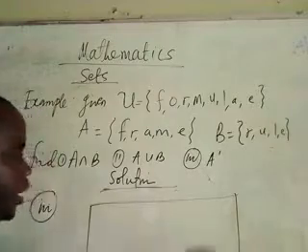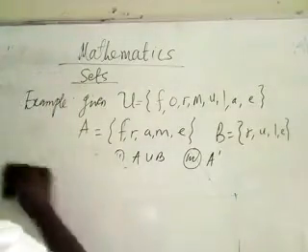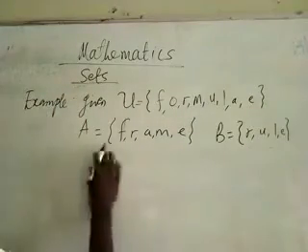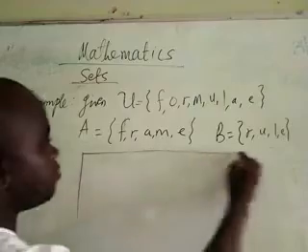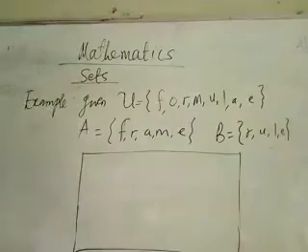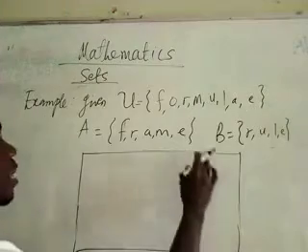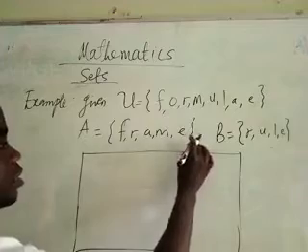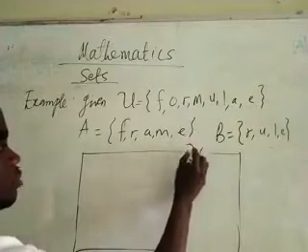Permit me to clean up this so that you can see it clearly, to see what I'm doing. So let me draw the Venn diagram. This is my Venn diagram here. Are you with me? So in my Venn diagram here, this is the universal set. You just make your universal set.